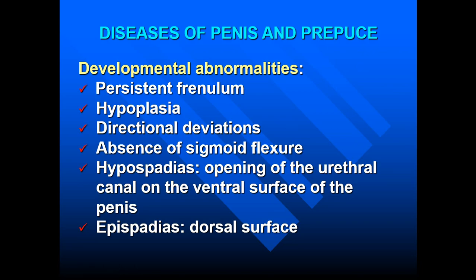Okay, next is the disease of the penis and prepuce. The lesions that can be found in the penis and prepuce can be a developmental abnormality, for example, persistent frenulum.